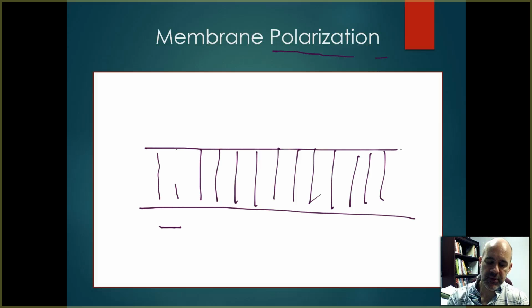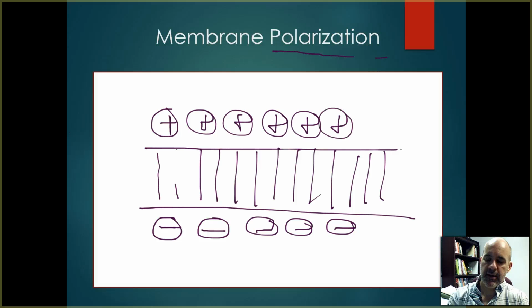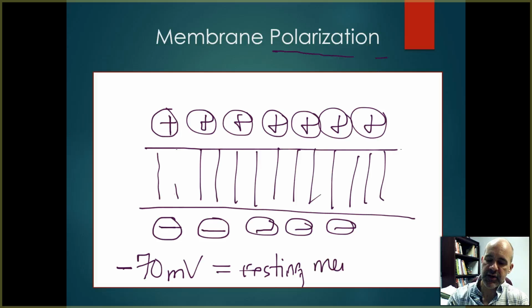But under normal circumstances, if you totaled up all those charges, the inside of a cell membrane, motor neuron or skeletal muscle fiber, tends to be more negative than the outside. Okay, and we can actually measure that as a voltage. So it's measured in millivolts. Minus 70 millivolts is sometimes called the resting membrane potential.